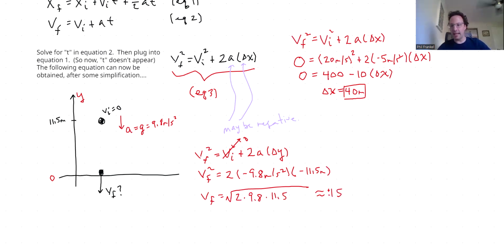Because the object's moving down, I should keep the negative root, because the object is moving in the negative y direction at the end of the day. And so the final velocity is 15 meters per second down. Being very formal, writing velocity with the direction as I should.